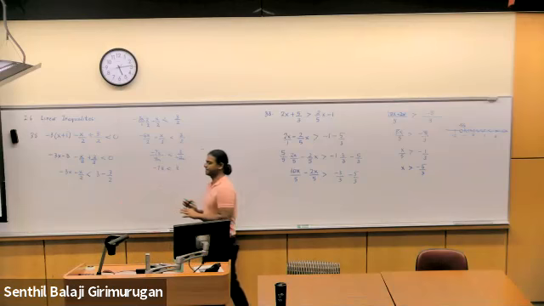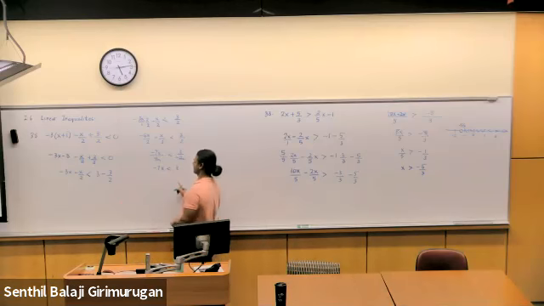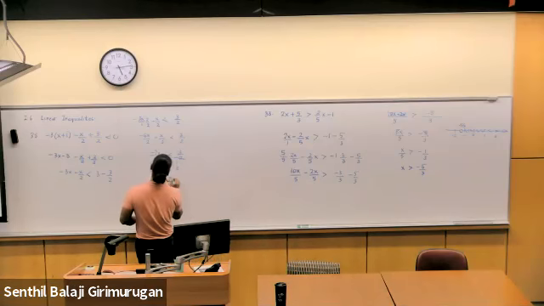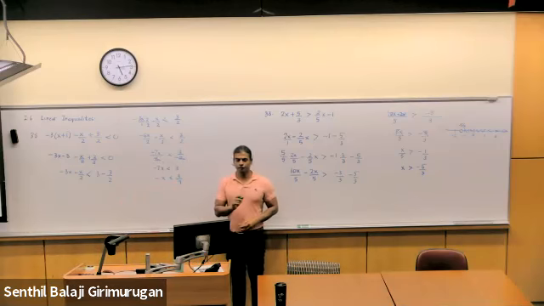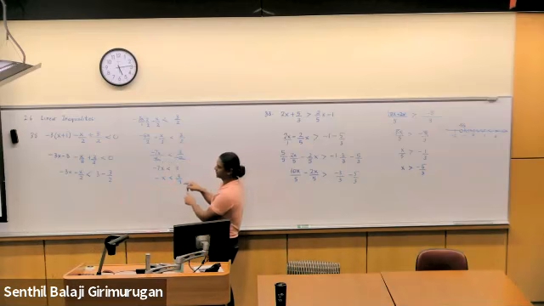Now, I'm going to divide by 7. So if I divide by 7, I'll have 3/7. Yes. We want to solve for x, not negative x. So to solve for x, we have to multiply both sides by a negative.